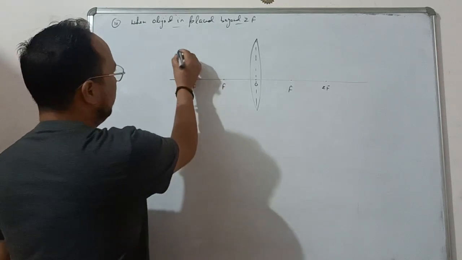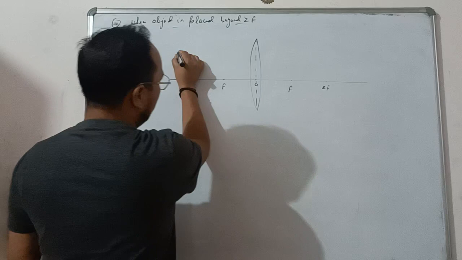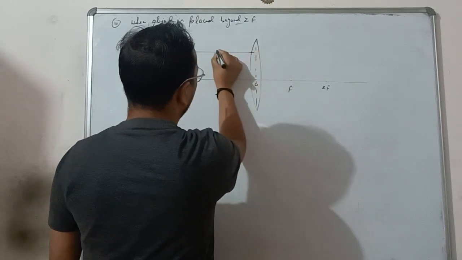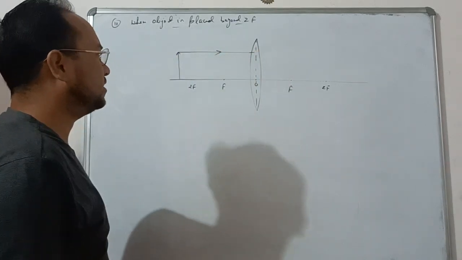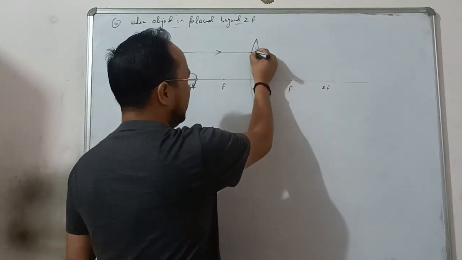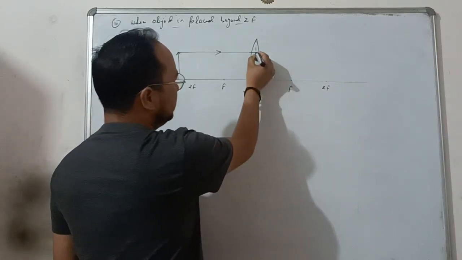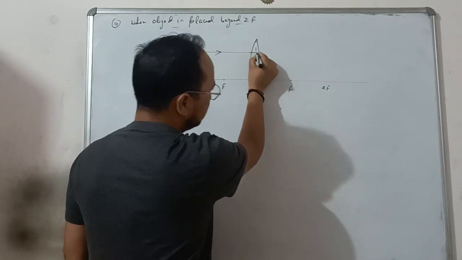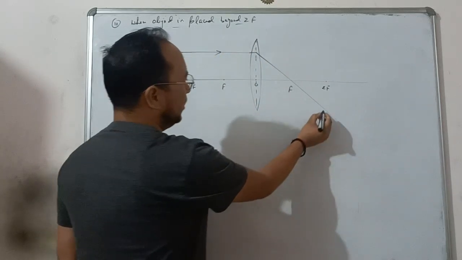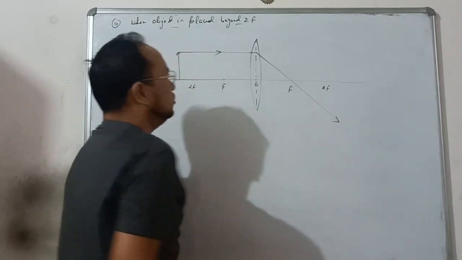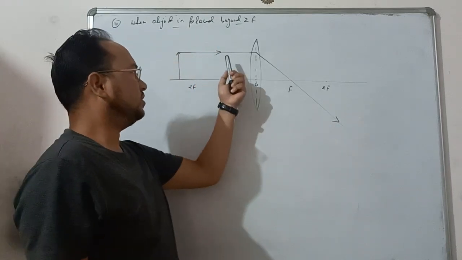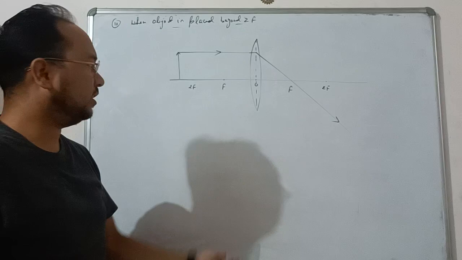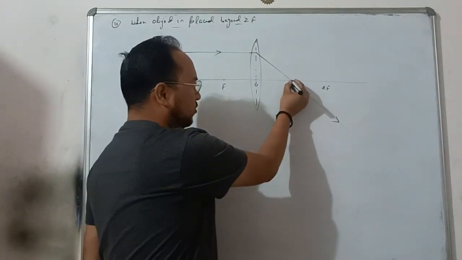First of all, the first ray will be drawn parallel to the principal axis, and as we all know, this ray will pass through the focus after refraction. So this is the incident ray. This incident ray is parallel to the principal axis, and this ray will pass through the principal focus.